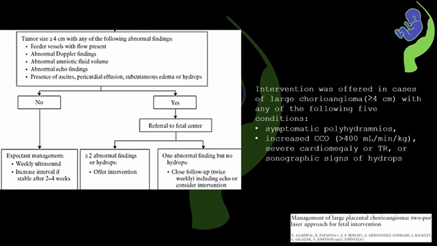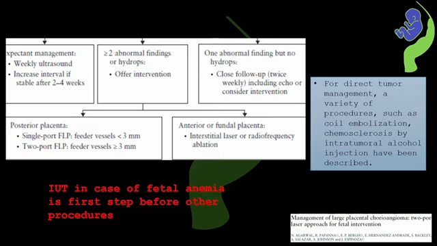Once we decide for fetal intervention, the first step would be to correct the fetal anemia if present by intrauterine transfusion. If laser therapy is not available, then the various direct tumor management options like coil embolization and chemosclerosis by intratumoral alcohol injection have been described in the literature.